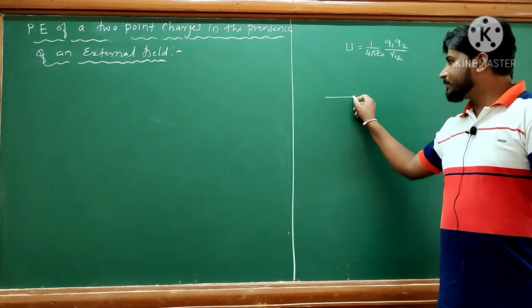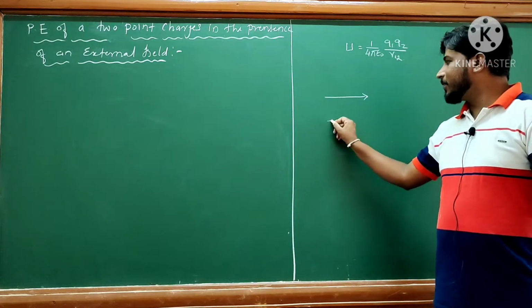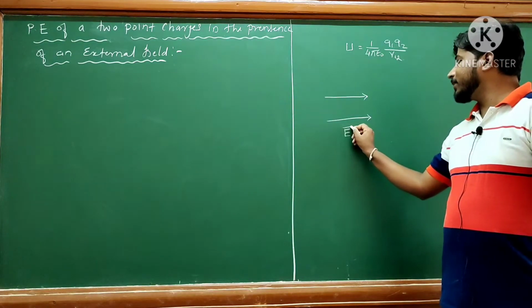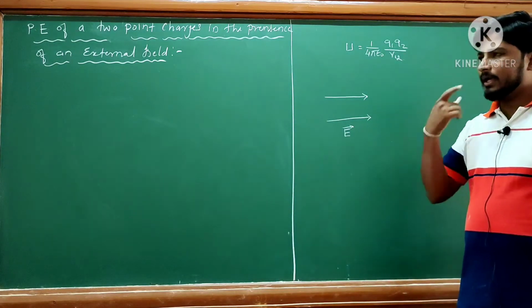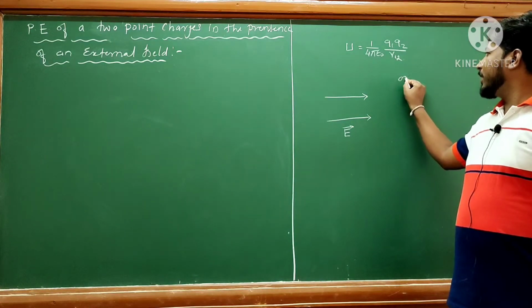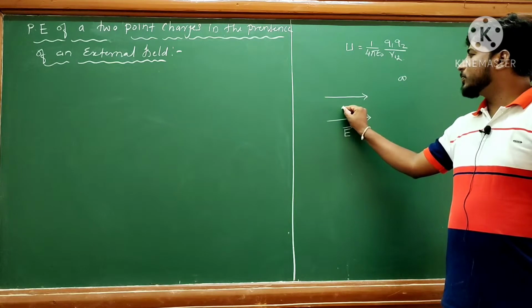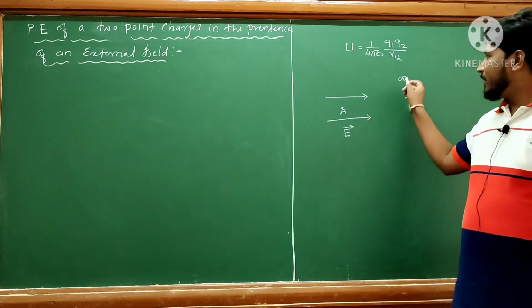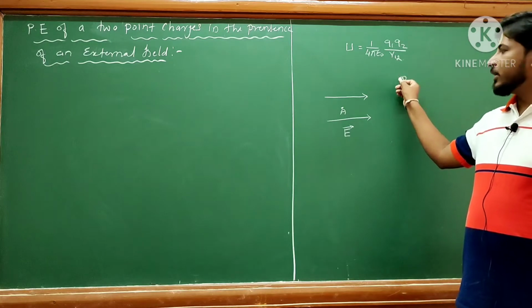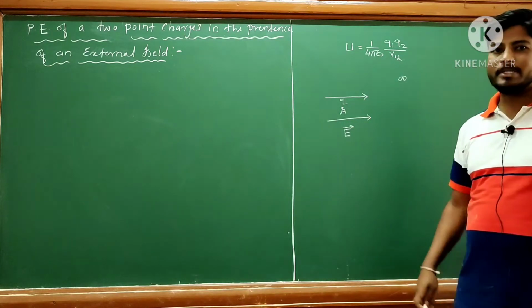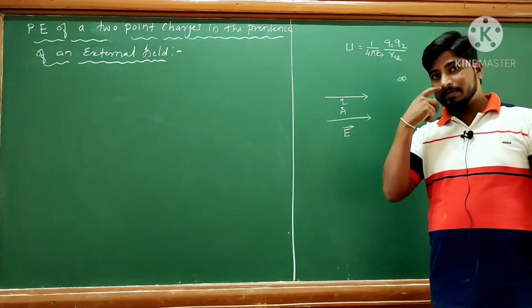See here, there is a presence of the electric field. And if I want to bring a charge from infinity to this point, say at point A, I will bring a charge Q from infinity and place it here in the presence of the electric field.